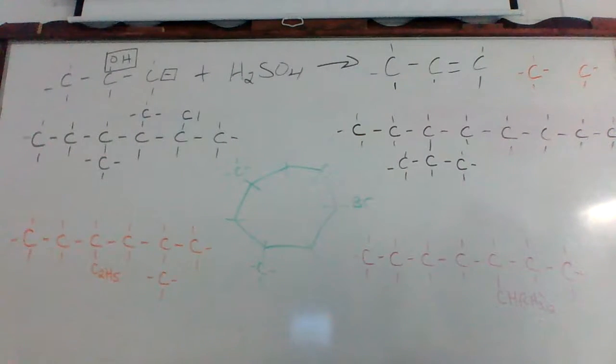The suffix is ane. Note that if the subsequent rules are correctly applied, a failure to correctly identify the longest continuous chain will result in an incorrect name for that compound. And chances are it might be a derivative, but it's not the parent chain that we would want you to know. So you've been applying these rules, you just never knew what they were specifically.